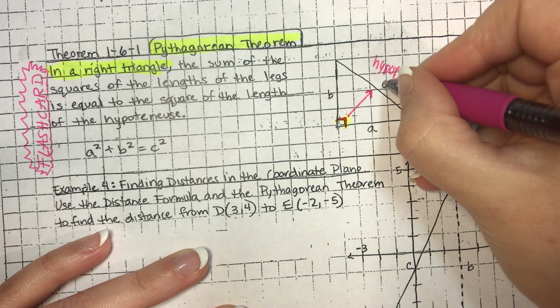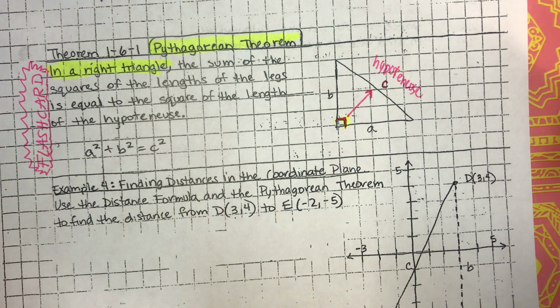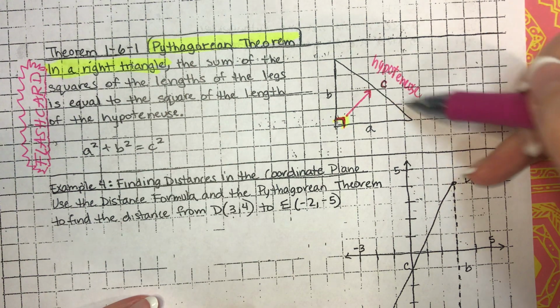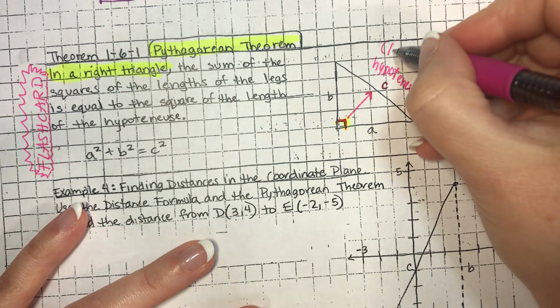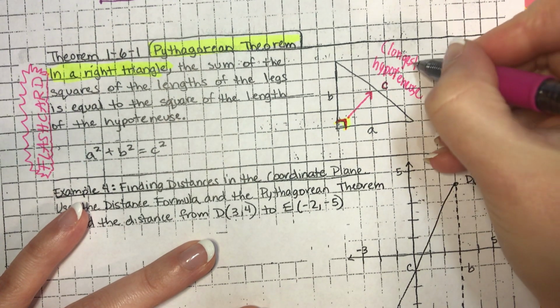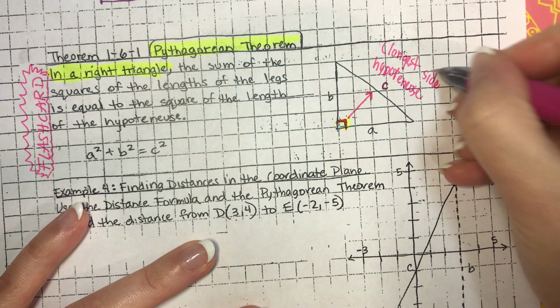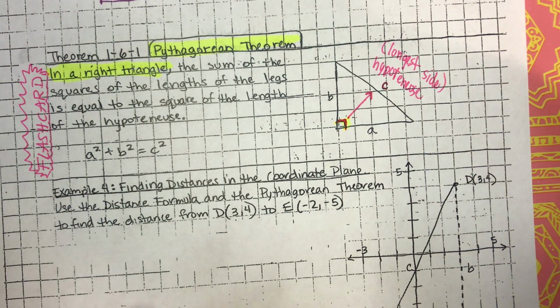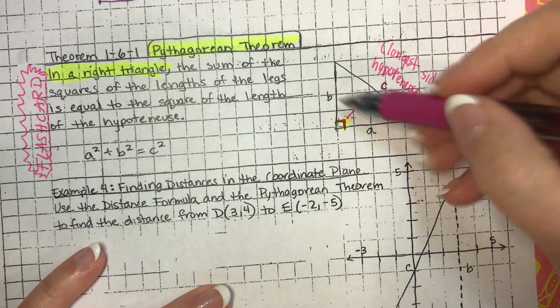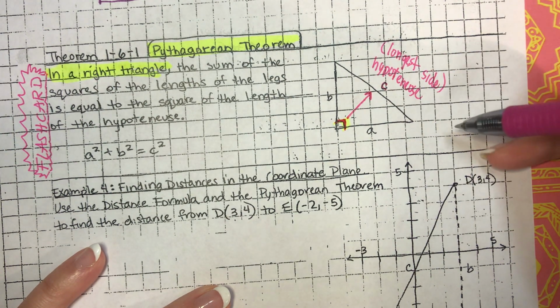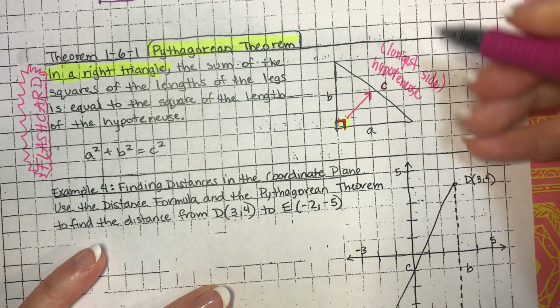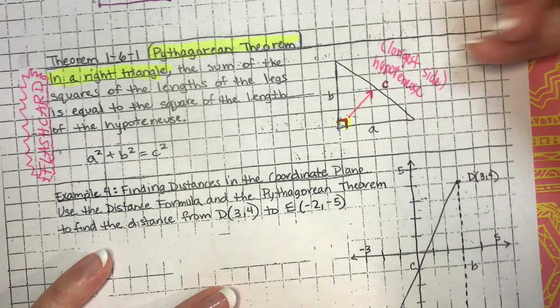And with the Pythagorean theorem, they call that C. Now, the hypotenuse is always the longest side. Hypotenuse, C. Now, there's two other sides that are not the hypotenuse. Those are called the legs.